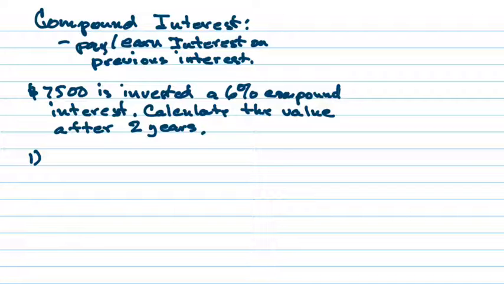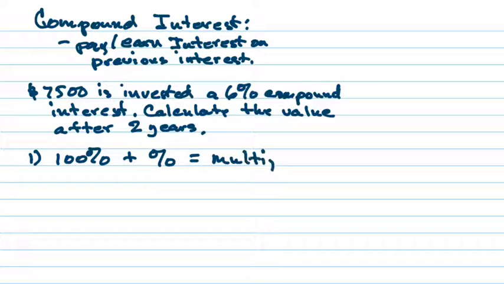So what we're going to do is simply take 100% plus the interest percent to get our multiplier. Plus whatever your interest percent is, right? Again, because we're paying interest on top of interest, we're putting that extra amount in. So this one is more like the increase that we've been doing. Okay? So that gives you your multiplier.